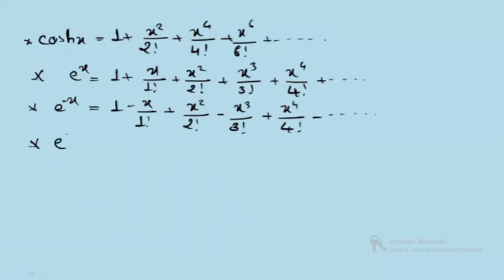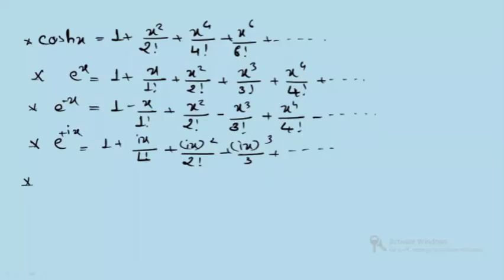And similarly, you can write e to the power plus ix and minus ix. So let's write first e to the power plus ix. It can be written as 1 plus ix by factorial 1, again plus ix whole square by factorial 2 plus ix whole cube by factorial 3 plus and so on. Similarly, you can write for e to the power minus ix.